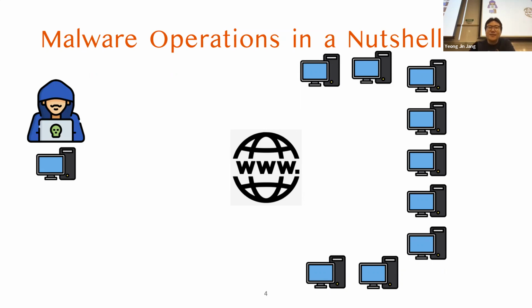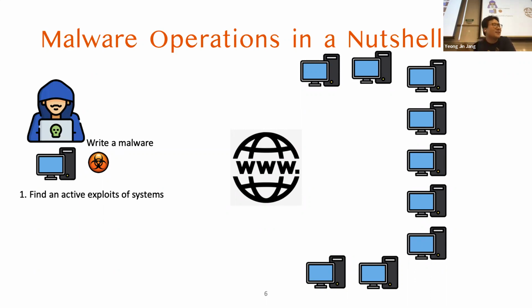To spread the malware, the attacker just writes a malware. Writing a malware is very simple and easy. If you just write a program that deletes everything from your computer, that's a malware too. So writing the malware is not the difficult part; spreading the malware is the difficult part at the start.